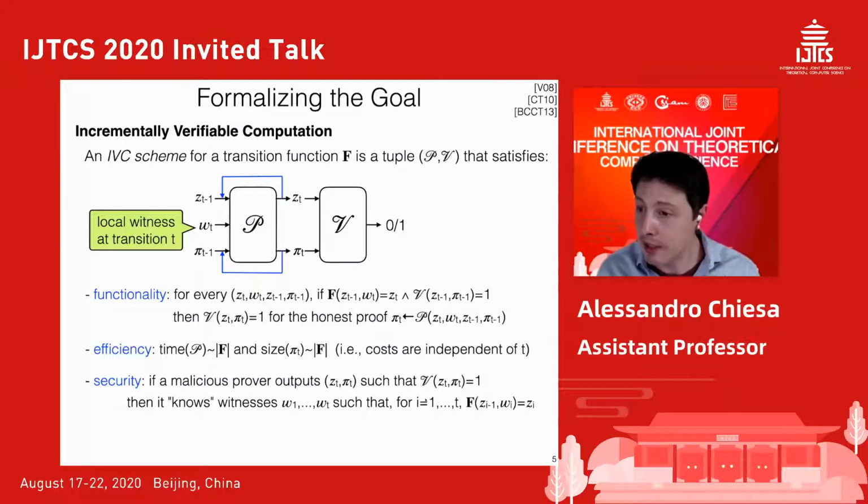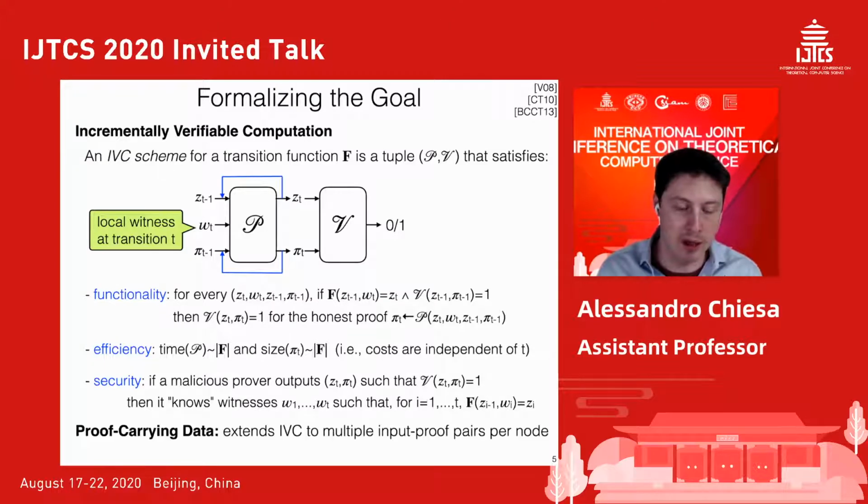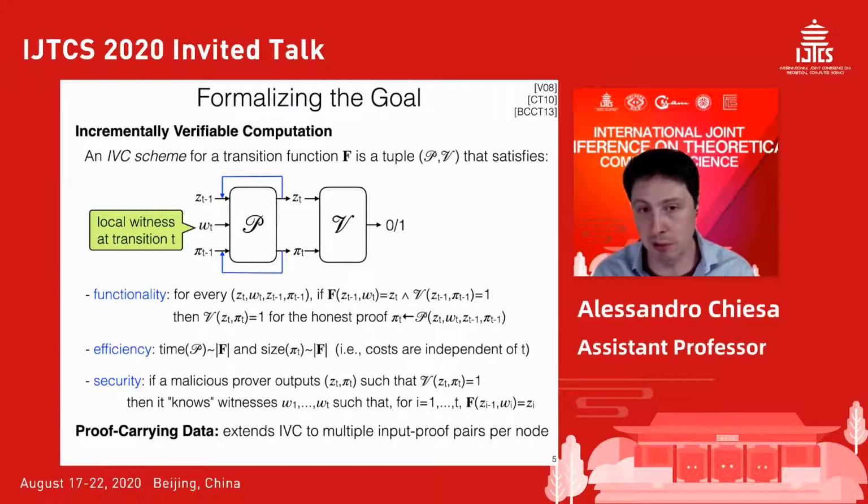Okay? So this is the notion of incrementally verifiable computation. In cryptography, we also consider a generalization known as proof carrying data, where we consider functions f that take multiple inputs, not just Z(t-1), but also Z(t-1) prime, double prime, and so on. This lets you express computations that evolve not just on a line graph, but on directed acyclic graphs.